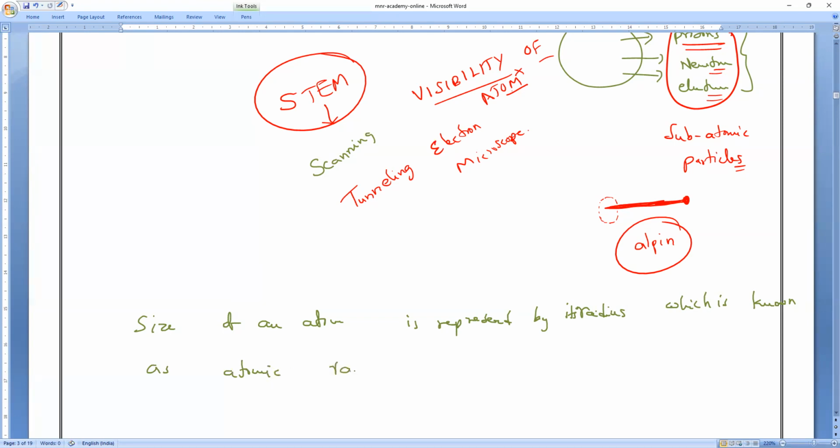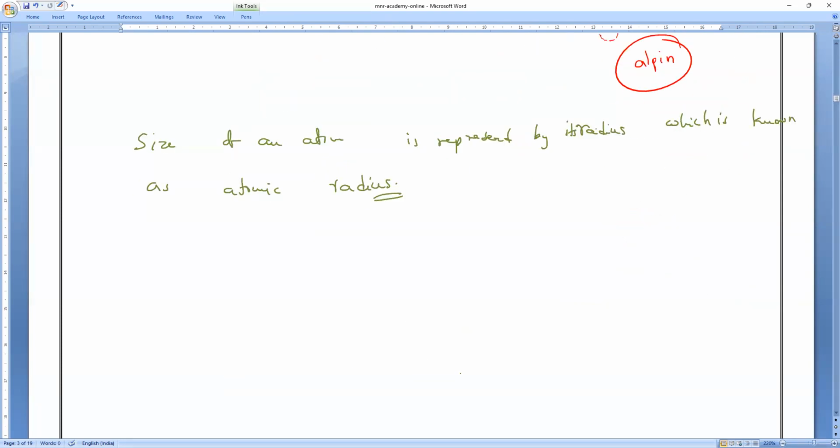What is that, everybody? Atomic radius. Okay. And remember, this atomic radius is measured in nanometers. So what is the unit of atomic radius, everybody?